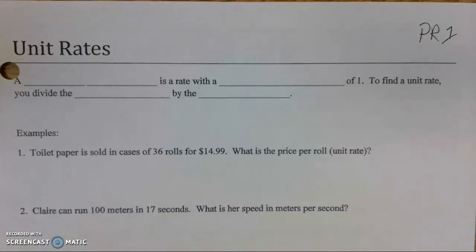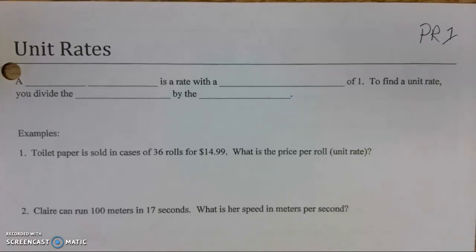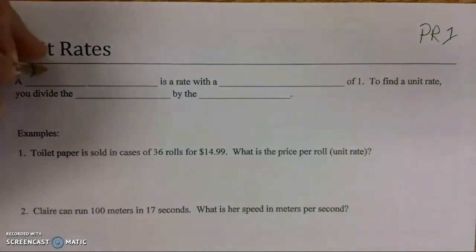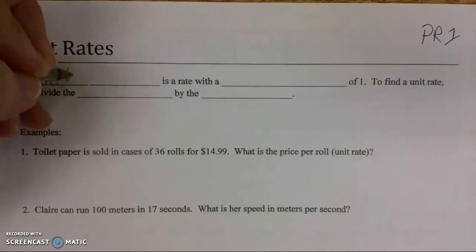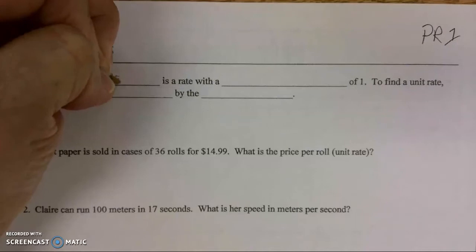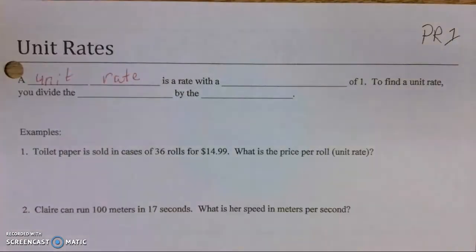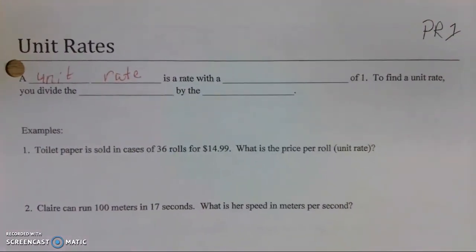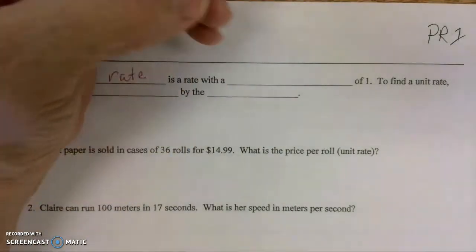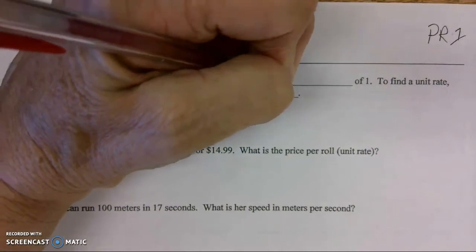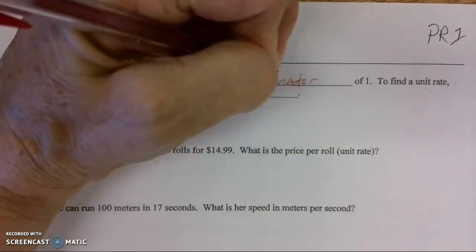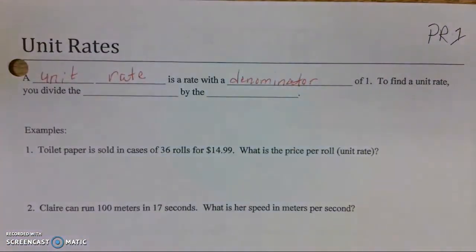We're going to first start off with the definition of unit rate. A unit rate, so you want to just write unit rate on this first line, is a rate, and remember that a rate is a ratio, with a denominator of 1. So that's all unit rate is. It's just a ratio.